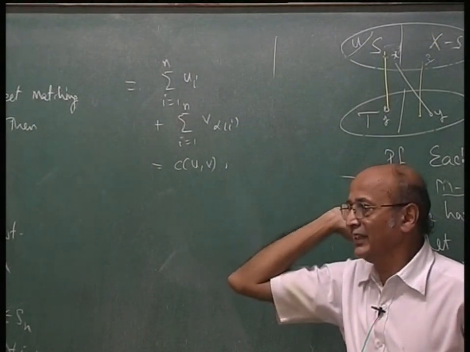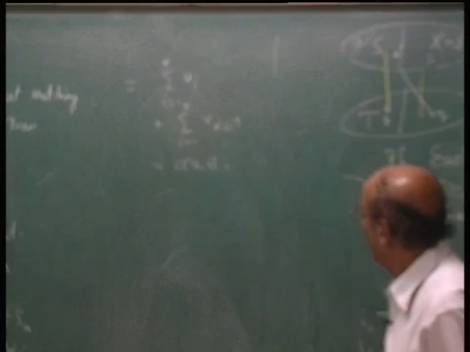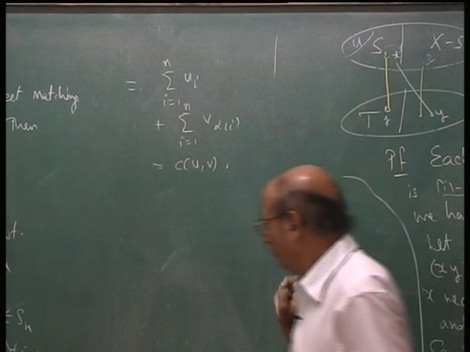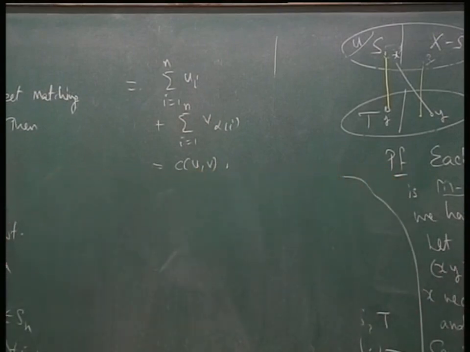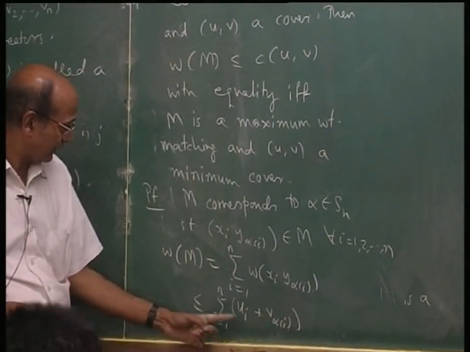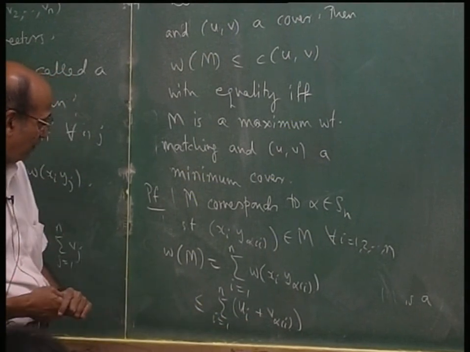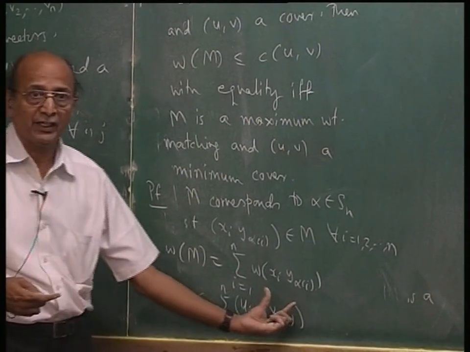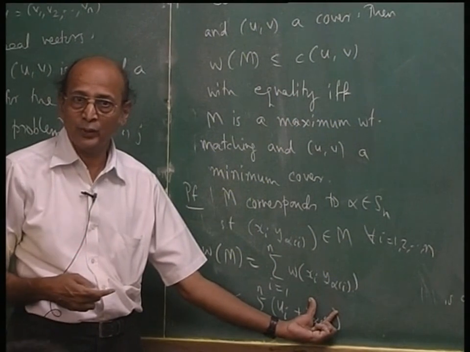In case equality holds here, when would equality hold? Equality would hold means you have equality everywhere in each one of these summands. So this is equal to this. u_i plus v_alpha(i) is equal to w. Okay?